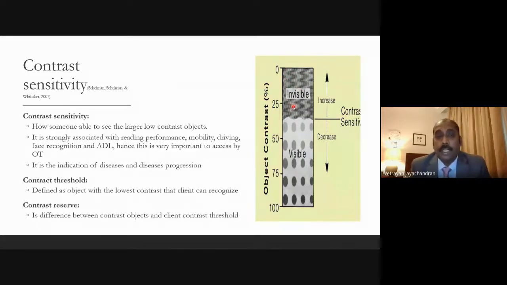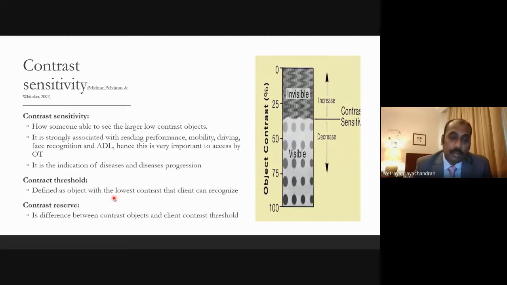That determines my contrast sensitivity. The ability to see the lowest level of contrast, we call the contrast threshold. How low a contrast level you can see an object at, that is your contrast threshold. So it is important for us to assess the contrast threshold of the client, and based on that, you can do the modifications.